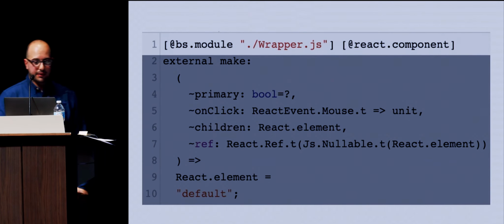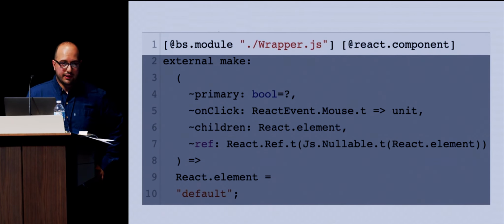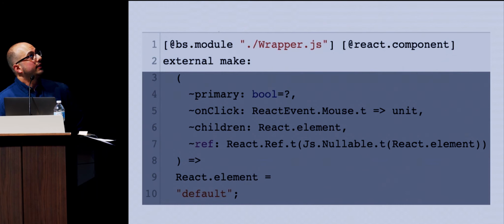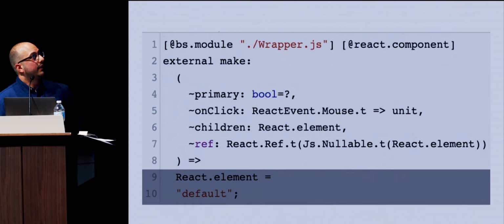And then we use the React component decorator to make this a Reason React component with the make props and the make function. So this is our external make function, and we're going to pass some props to it. We're passing an optional primary prop, which is going to be true or false, or maybe nothing.